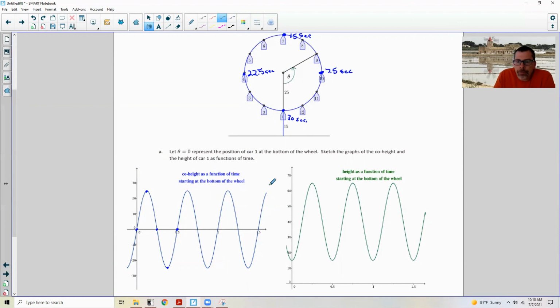So that's the co-height function. Now the height function: we are starting at 15 feet at time 0. We're 15 feet above the ground when we get on that platform and get in that first car. We have not moved at 0 seconds. 7.5 seconds later, we are now up 25 feet from that 15, or 40, which is right here.